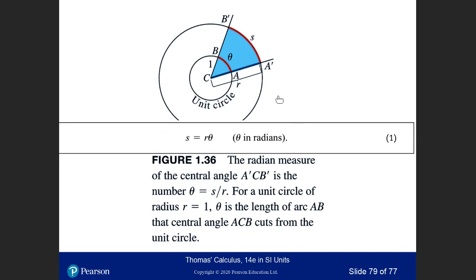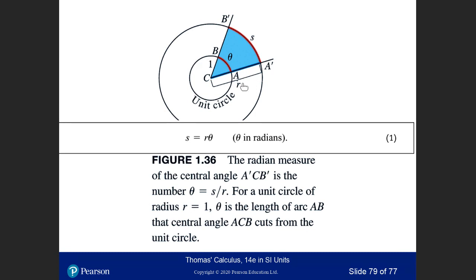Now here, the arc length S is R times theta. S is equal to R times theta. When R is equal to 1, like in the previous picture, S is equal to theta. This arc length is equal to theta because this circle has radius 1.